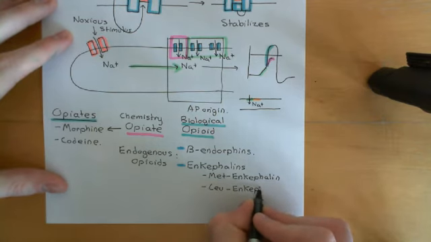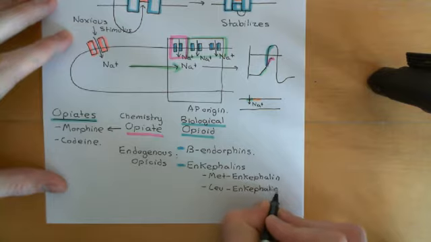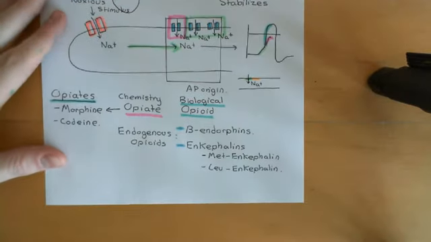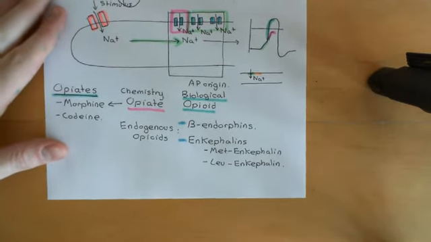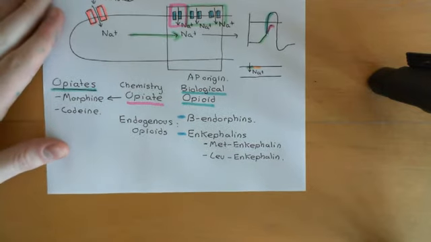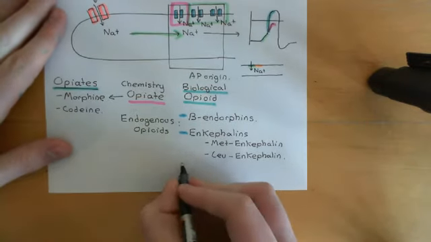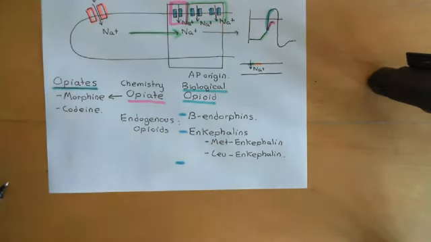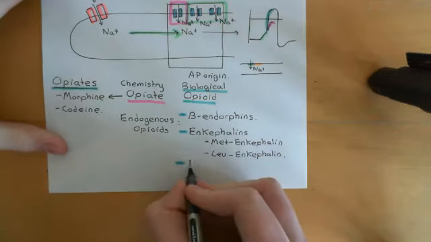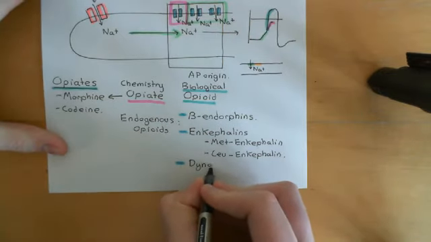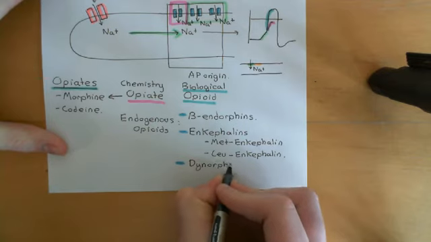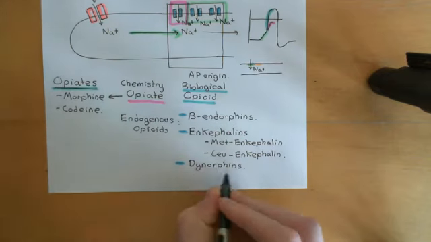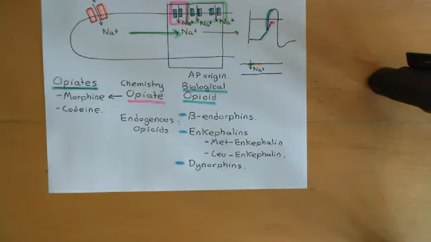Those 2 are going to be involved in the endogenous analgesic system that's employed in stress-induced analgesia. The final main category of endogenous opioids is the dynorphins. There are multiple dynorphins underneath that category, but we're not going to be particularly interested in the dynorphins in this video.